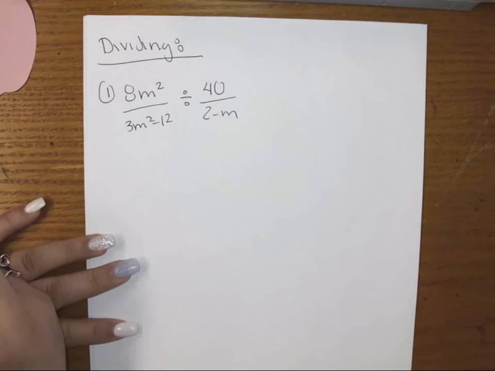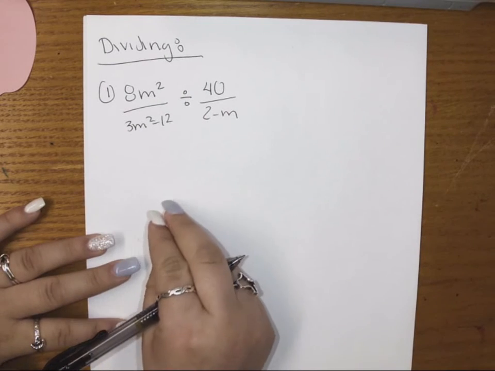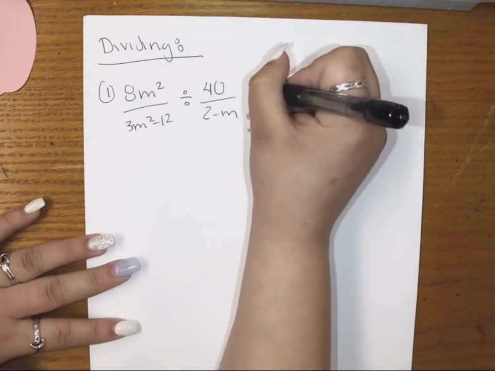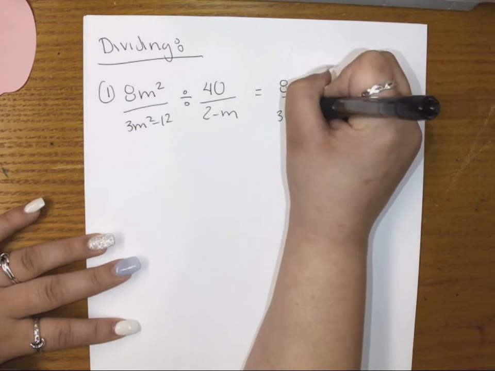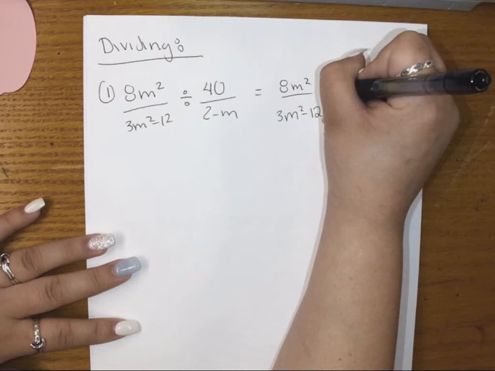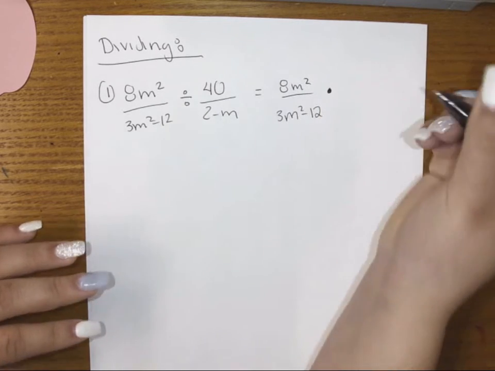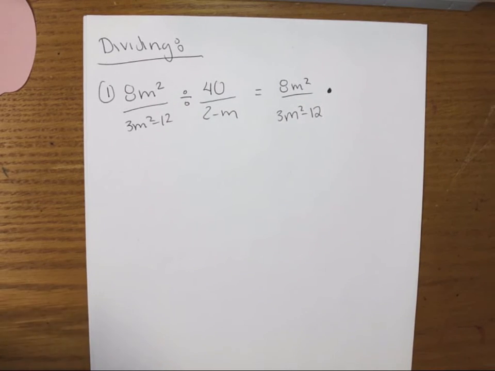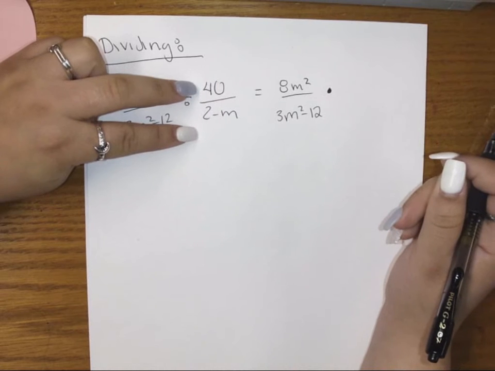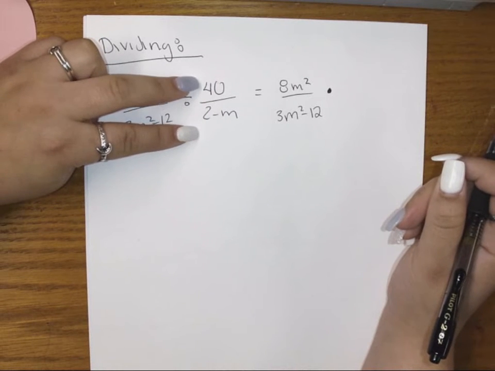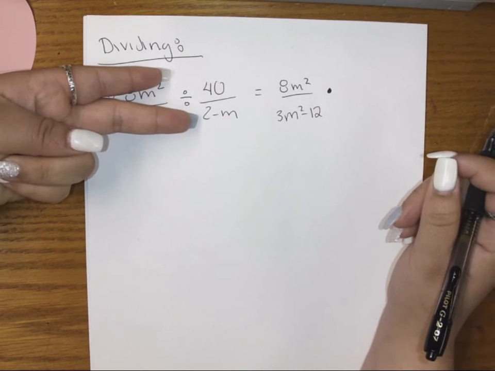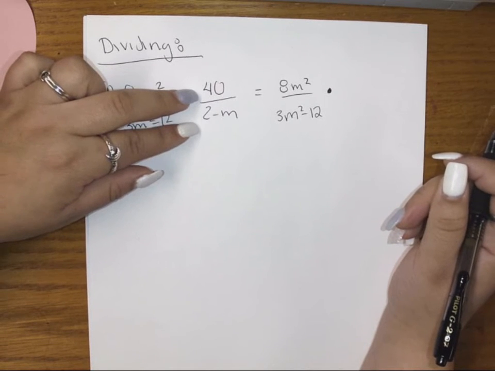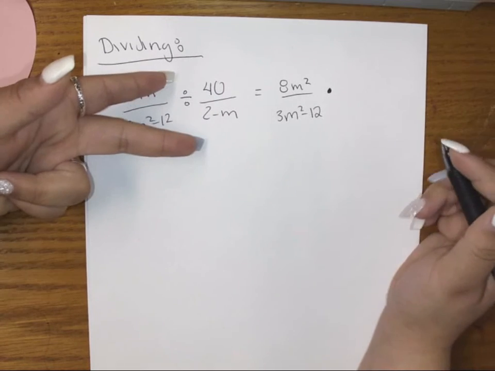So the way you do it is you switch it to a multiplication. So we take 8m squared over 3m squared minus 12, and we switch it to a multiplication. How can we switch it to a multiplication? In order for us to multiply, we take our second fraction and we flip it. So we're going to take 40 over 2 minus m, and we're going to flip it.